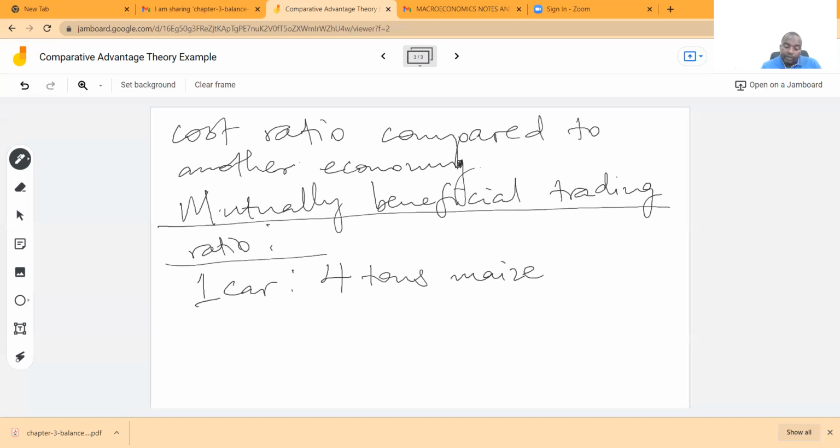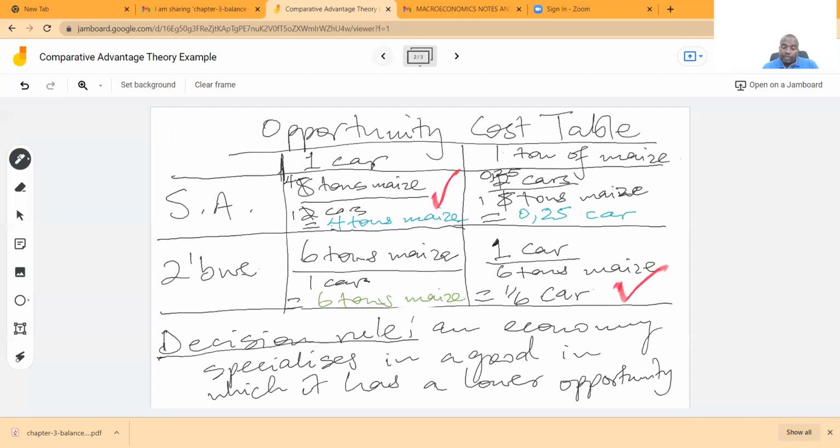This can't be a mutually beneficial trading ratio because, as we saw, it is the same as the opportunity cost for producing a car in South Africa. It means for every car sold to Zimbabwe, Zimbabwe will be having a net saving of 2 tons of maize, whilst South Africa is gaining nothing.